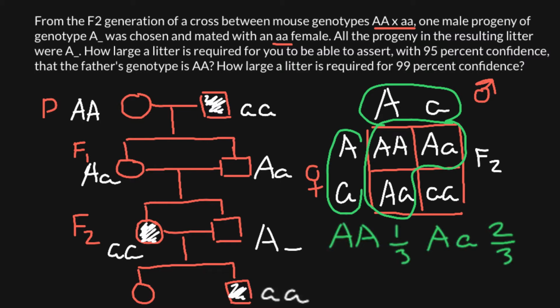Once again, this is very important, not 2 out of 4 or 50% or 1/2, but 2/3, because we know that this male is phenotypically normal, so his probability of being a carrier or heterozygous is 2 out of 3.